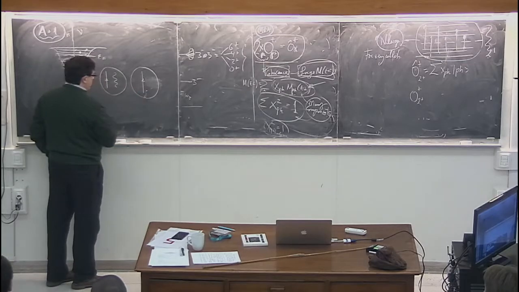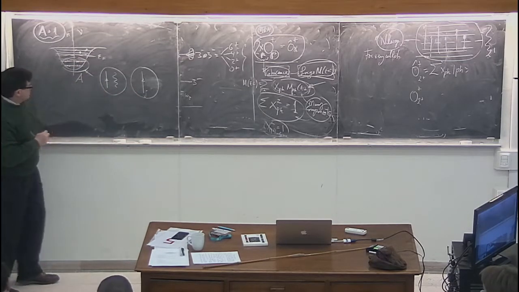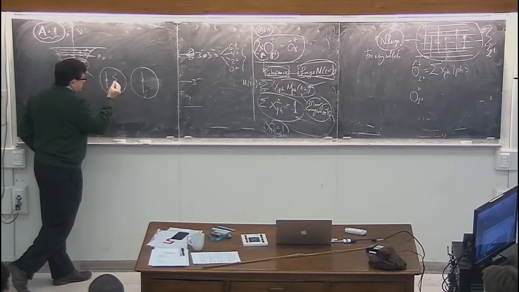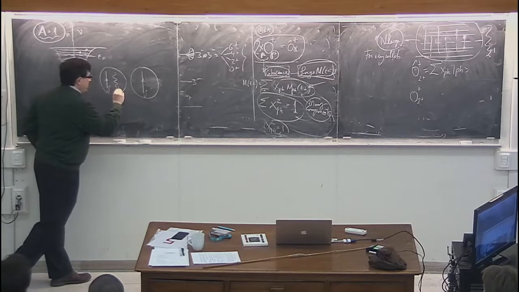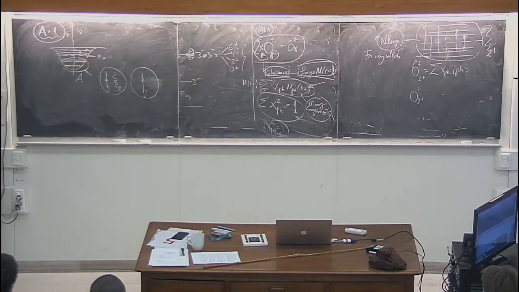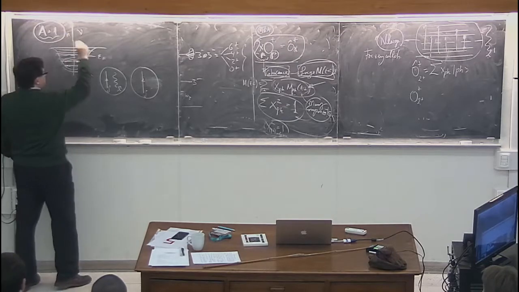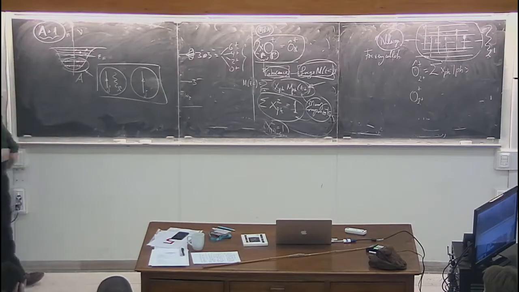So going to the A+1 system, we have to deal with this richer set of possible states, and we will try to diagonalize the residual interaction appearing also in this.